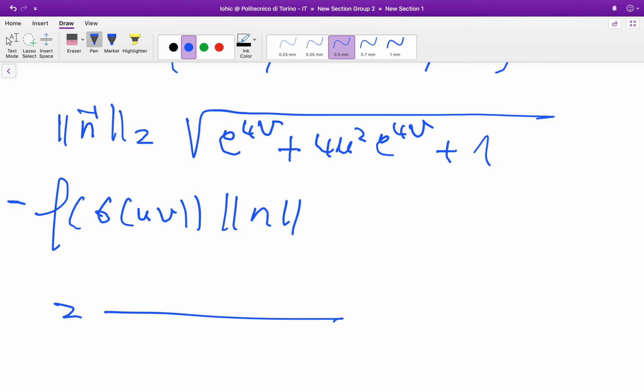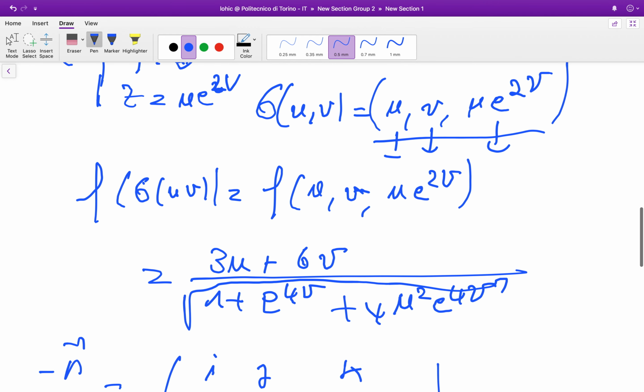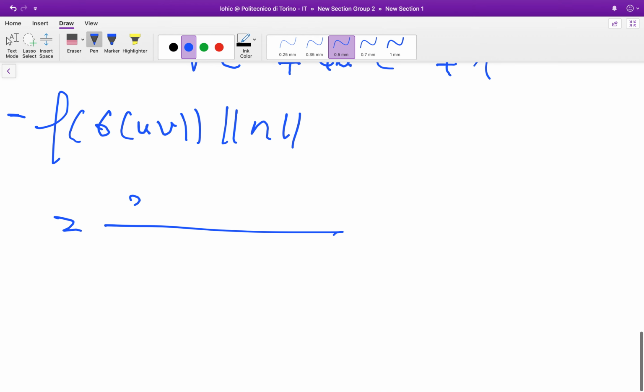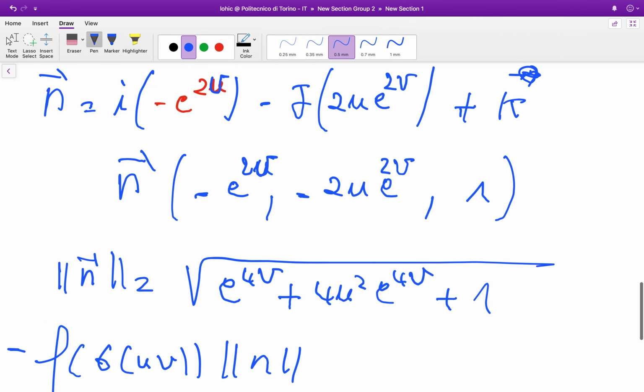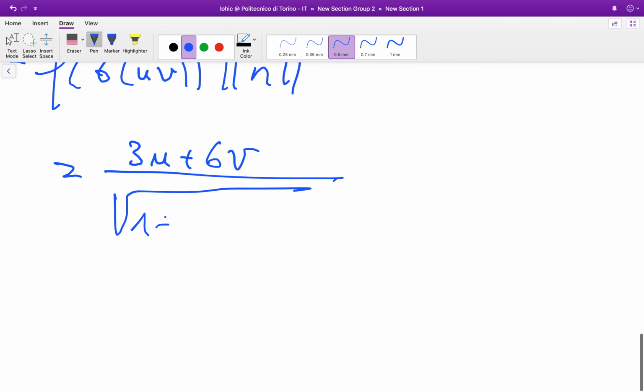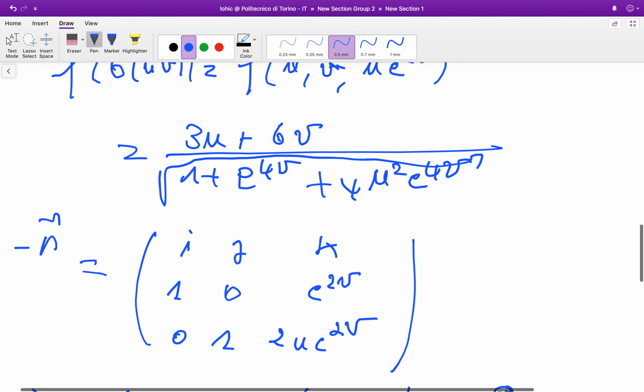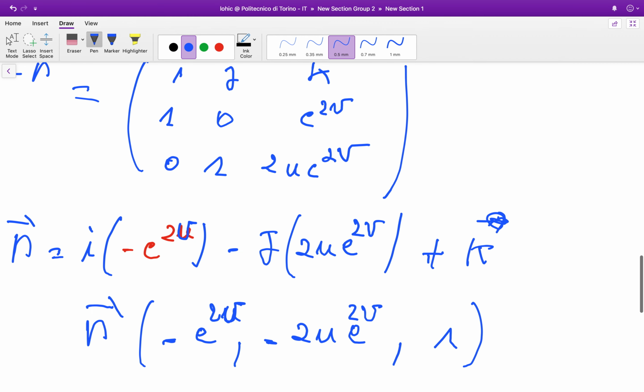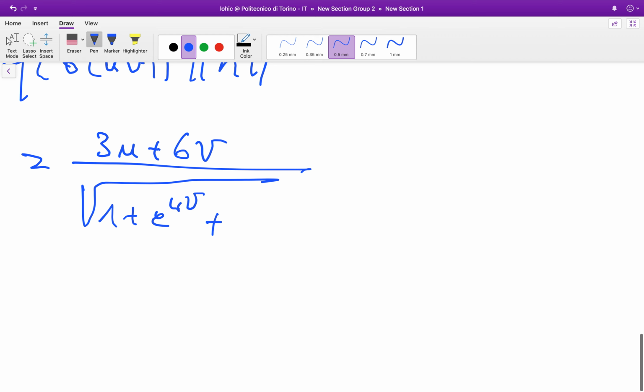Okay, so the function was, you have to be patient, 3u plus 6v over the square root of 1 plus exponential of 4v plus 4u square exponential of 4v, yes or not?